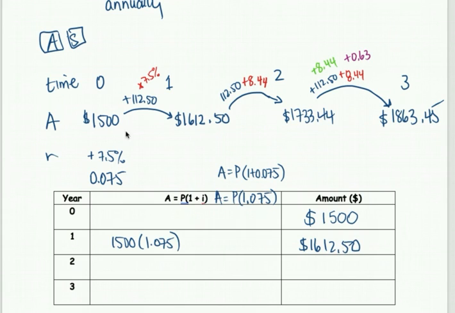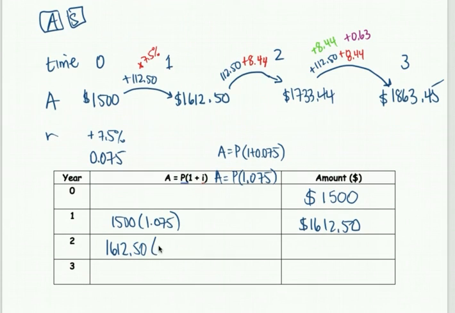Okay, so again, I know some of you may prefer to just do it this way because it makes sense, but if you prefer the formulas, you can do it this way. All right, so in the next year, you're going to take the previous amount that you had, and that's going to be your new P value. So this is your initial value that you start with. And you are now going to multiply that by our growth factor.